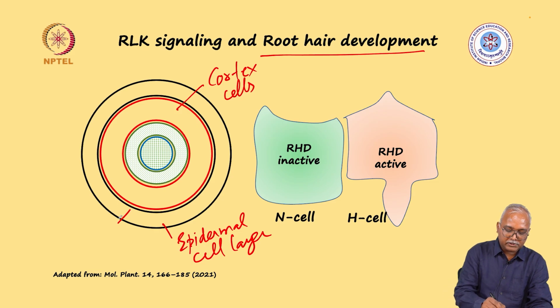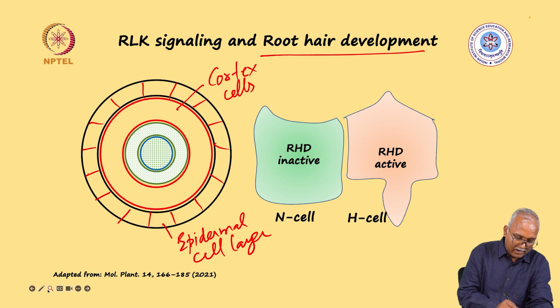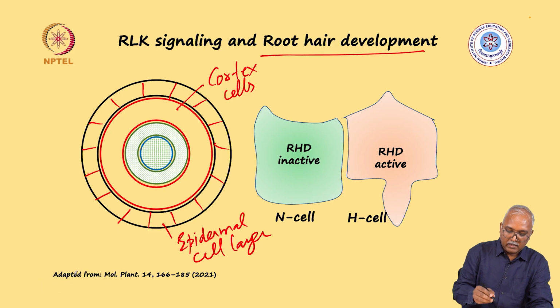If I can just make sections in this region indicating different cells which are part of the epidermal area, and I mark the regions which are inside the cortex region and see what kind of cells are there.